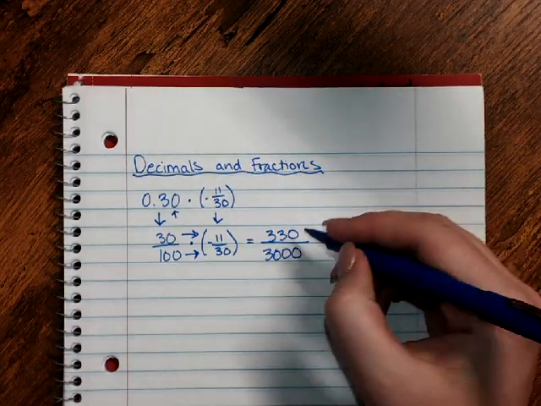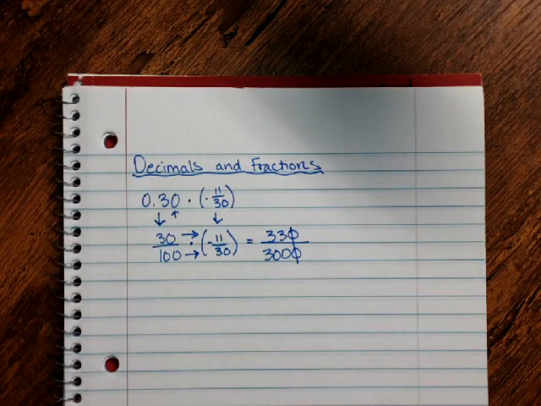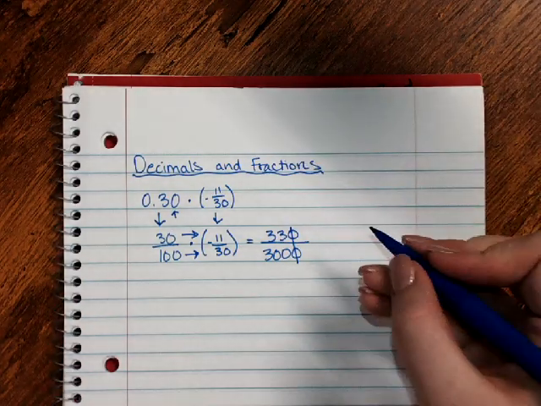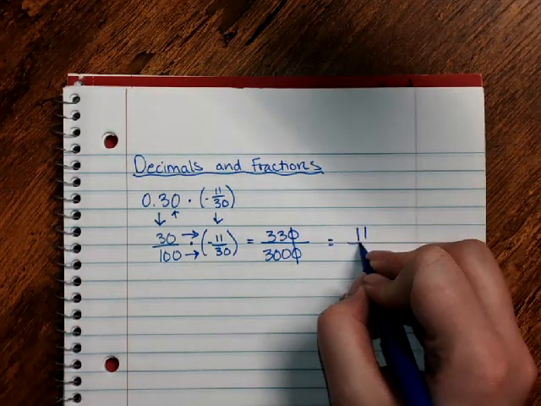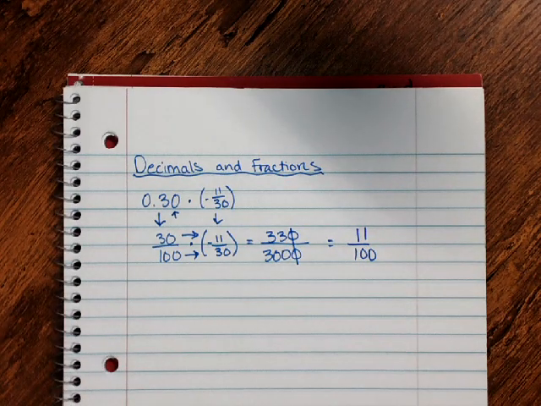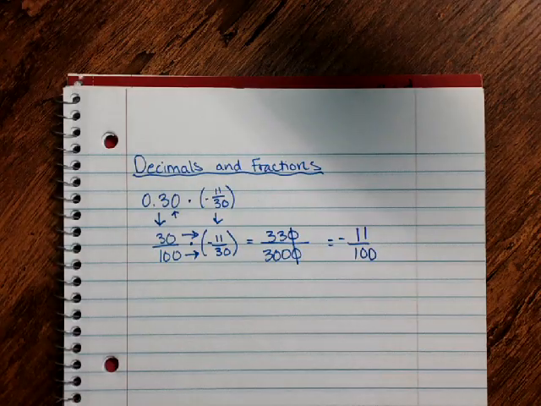I know that I can get rid of these zeros to make it 33/300, but I know even further I can divide it by 3 again. And if I divide it by 3, it would be 11/100. And I know my answer is negative because the signs are different.